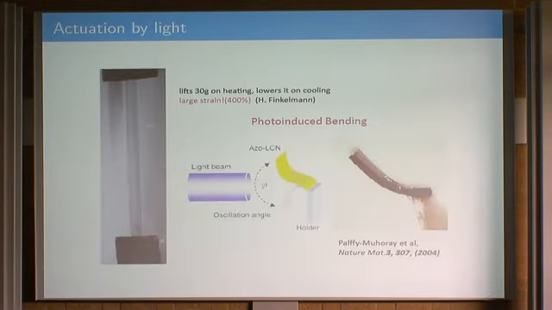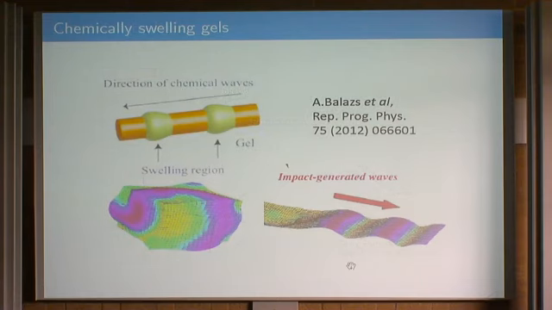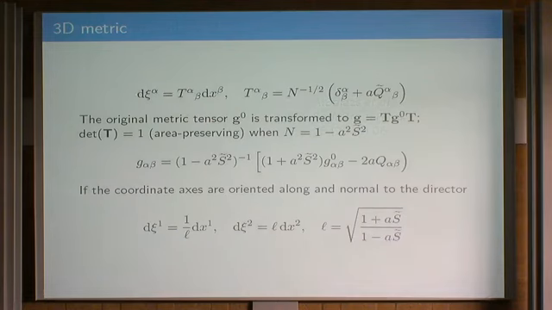And this is another example when you, by light beam, bend the nematic sheet, and this sheet was made to swing. This example is not a nematic. This is swelling gels, which also can have different structures.